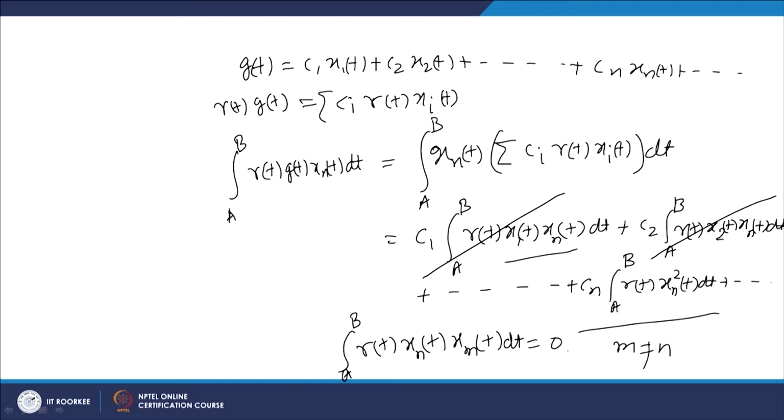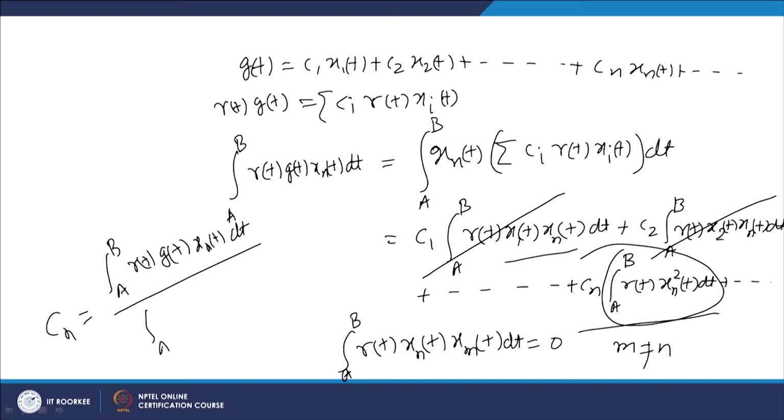Using this orthogonal property we can see that the integral from a to b of r(t) g(t) xn(t) dt is equal to Cn times the integral from a to b of r(t) xn squared(t) dt, and we already know that this term is going to be non-zero. So by dividing by this term we have Cn equal to the integral from a to b of r(t) g(t) xn(t) dt divided by the integral from a to b of r(t) xn squared(t) dt.